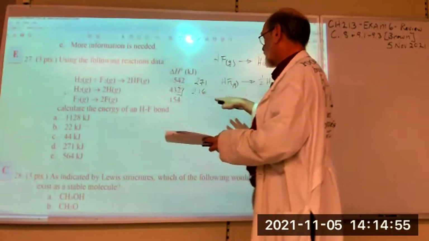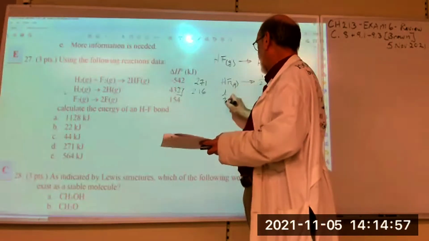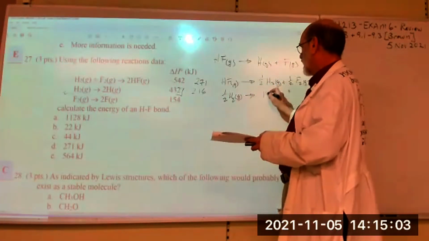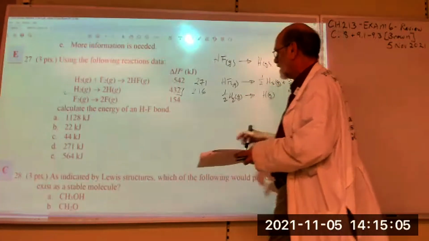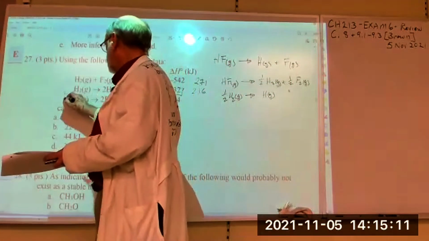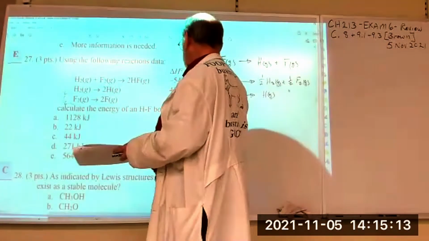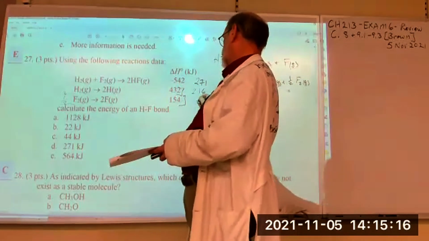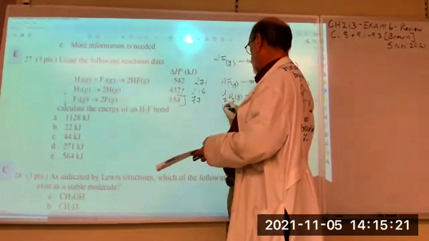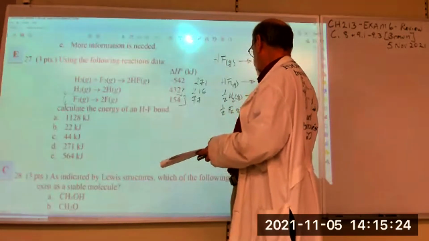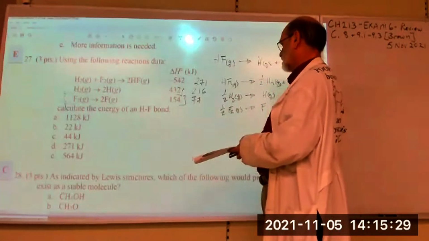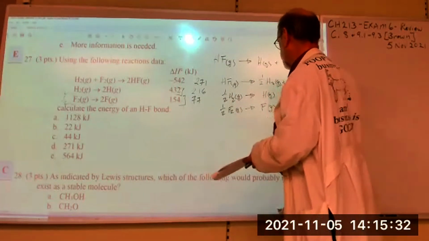And it's okay the way it is. So that gives us 1/2 H2 gas yields H gas. And this one, do the same thing to that. So we take a half of it. And that would leave us with 77. And then that would be 1/2 F2 gas yields F gas. So far, so good?